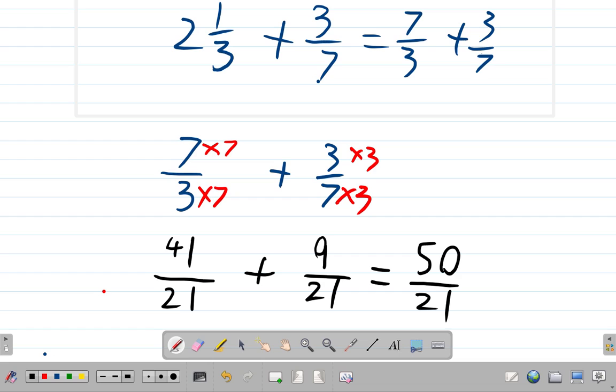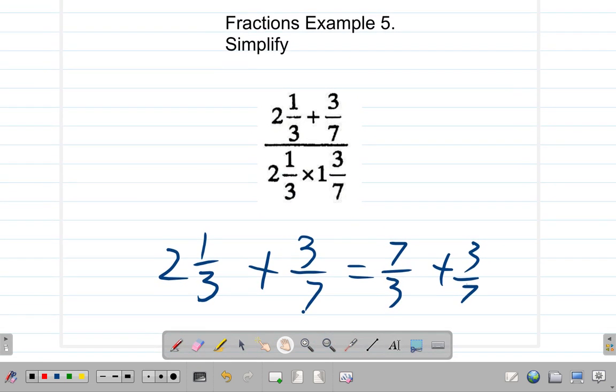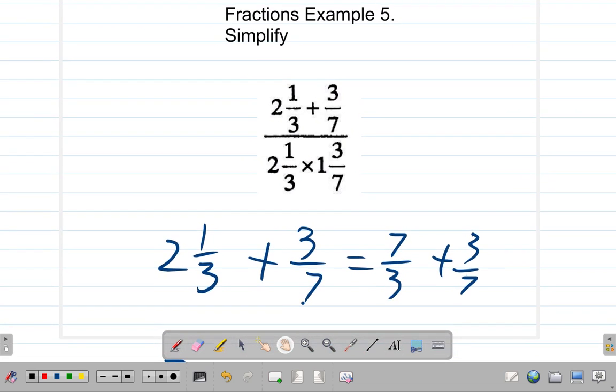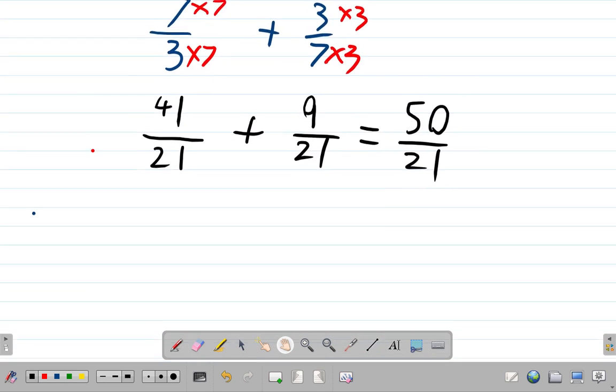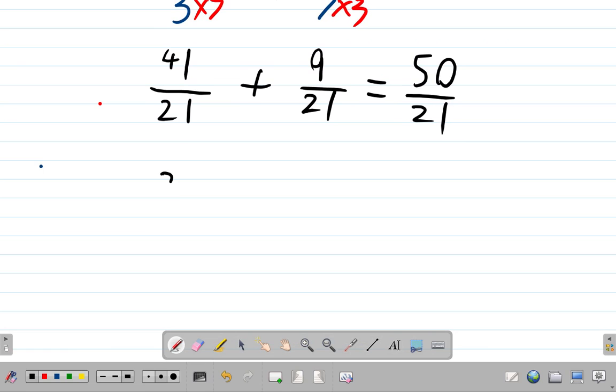Right? So that's what you have there. Therefore, 2 1/3 plus 3/7 is 58/21. Write this again and say 2 1/3 plus 3/7 is equal to 58/21. Alright?